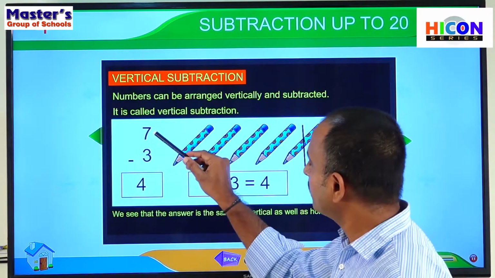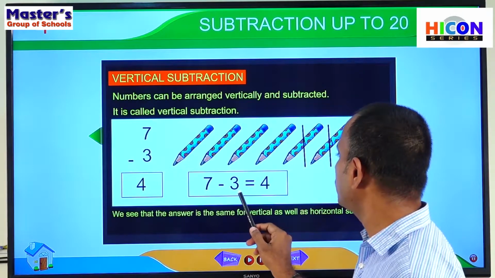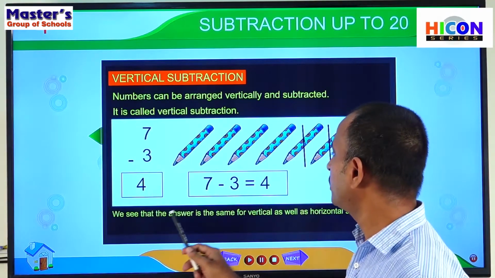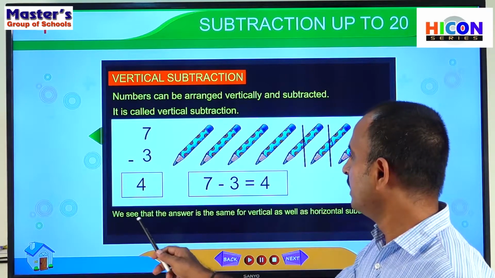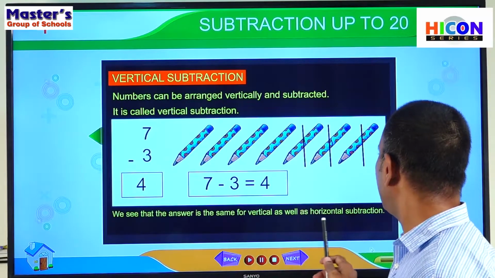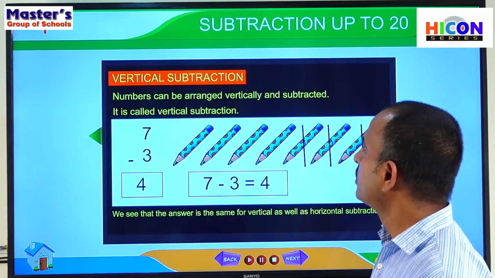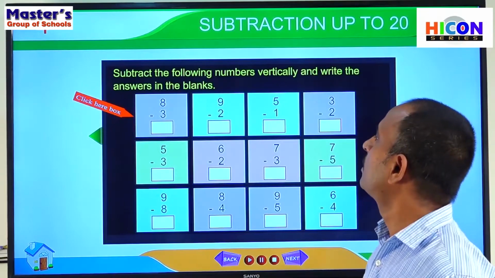So in vertical subtraction we got the answer 4, and in the horizontal subtraction also we have got the same number 4. So in both types of subtraction we get the same answer. We see that the answer is the same for vertical as well as horizontal subtraction. So let us practice some problems on vertical subtraction in the exercise part.